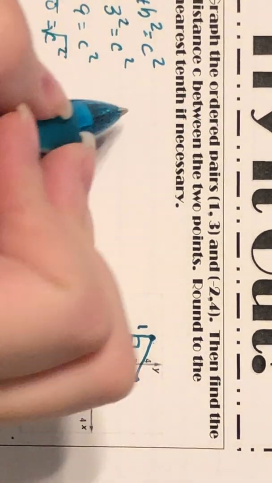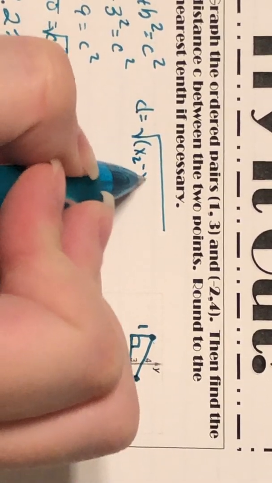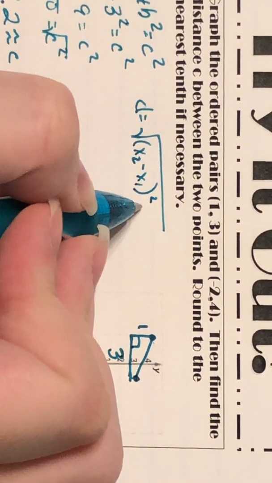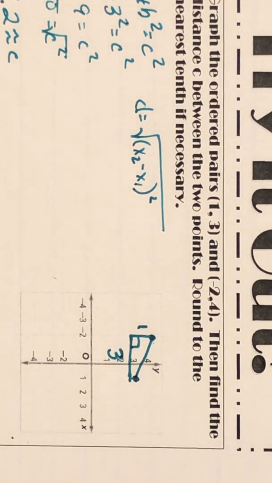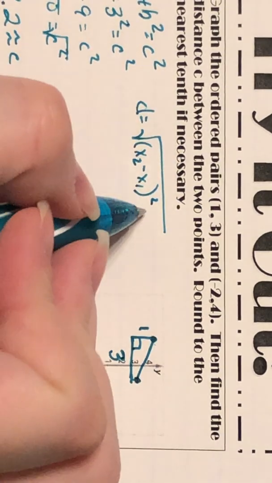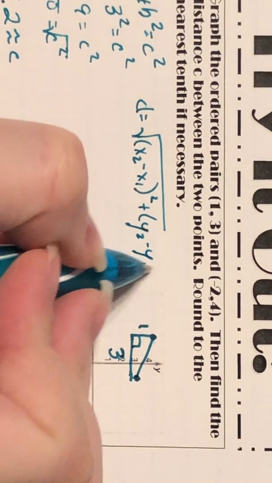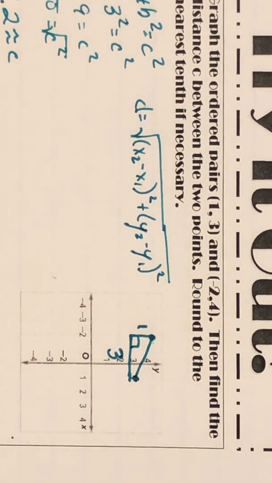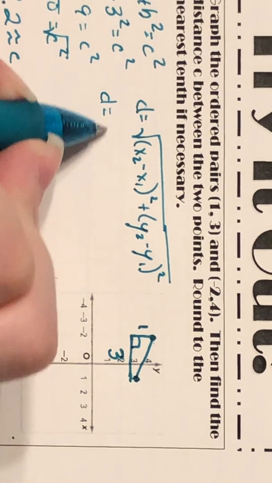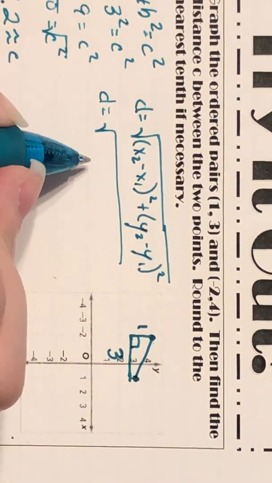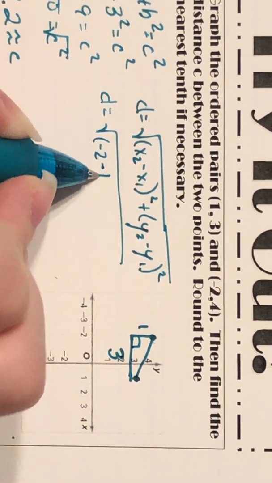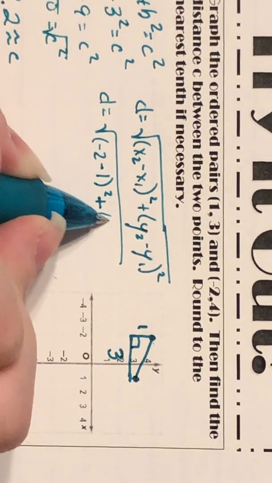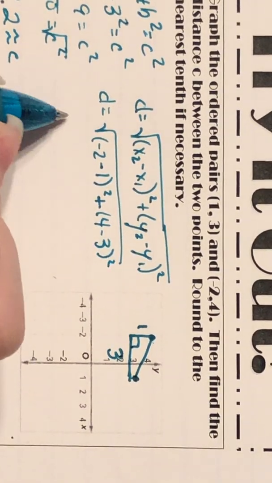Okay, so I can either use the Pythagorean theorem or I can use the distance formula. So that's the Pythagorean theorem, and I'll show you how to do it with the distance formula. So d equals the square root of x2 minus x1 squared plus y2 minus y1 squared. Okay. So d equals the square root of negative 2 minus 1 squared plus 4 minus 3 squared.